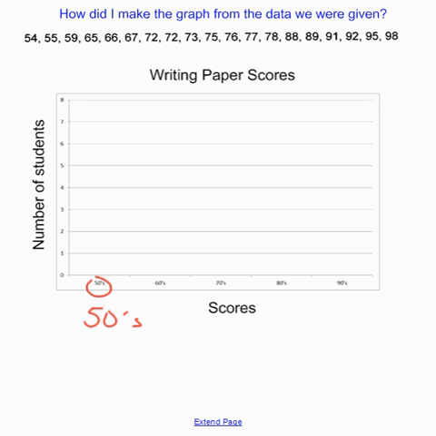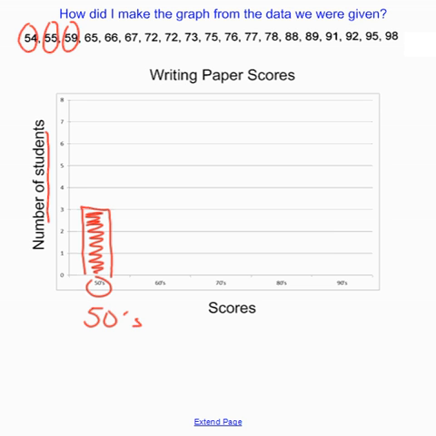I decided my categories first, the 50s, 60s, 70s, 80s, 90s, and then, because my other axis is number of students, I'm going to look for how many people fit in that category. So for 50s, I'm going to look, 1, 2, 3 fit in that category. So that's how I did a bar up here that went to 3 above the 50s.